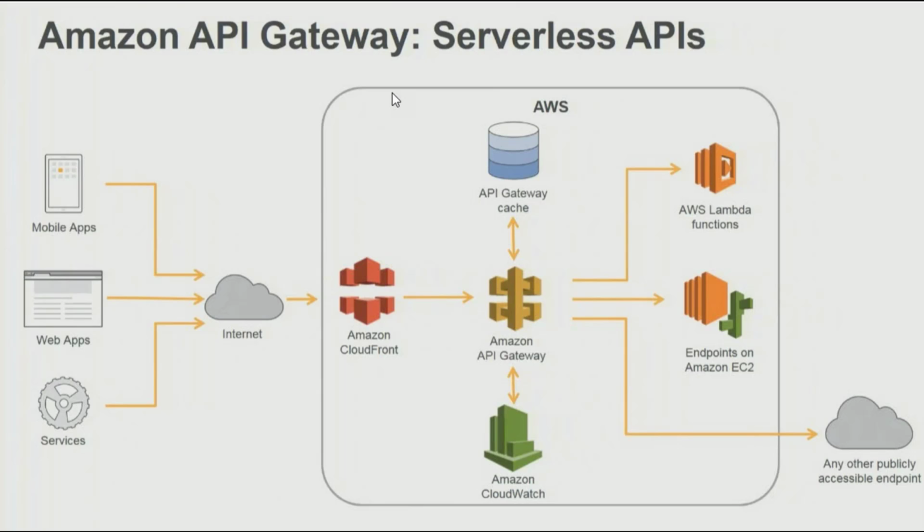So if you have certain requests that you want to be cached, the gateway can also cache those in front of the gateway before it even goes to any of the Lambda functions or Amazon EC2 or whatever. So this kind of shows you that flow where the gateway is the traffic controller to all these different functions, and going into internal AWS services, or it can go into publicly accessible endpoints if you want.